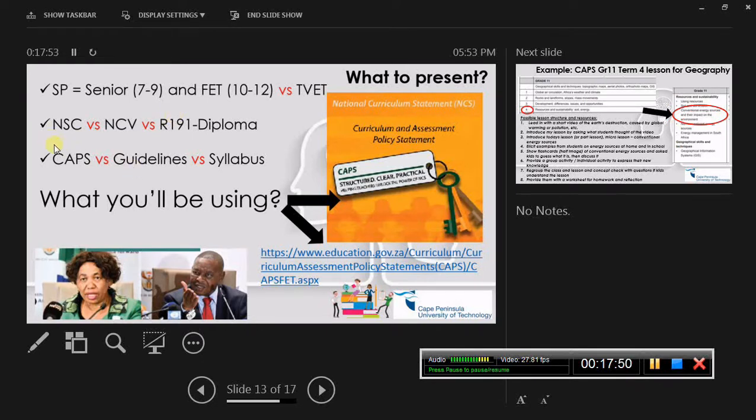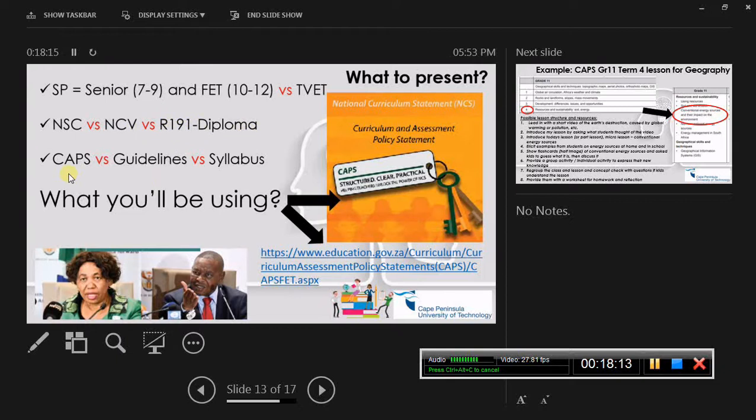Now at the normal schools you get what's known as NSC, National Senior Certificate, Matric. At the TVET college they call it NCV, National Certificate Vocational, right? And then at TVET also you get your post-matric. So once you're done with NCV, you can go to Report 191.